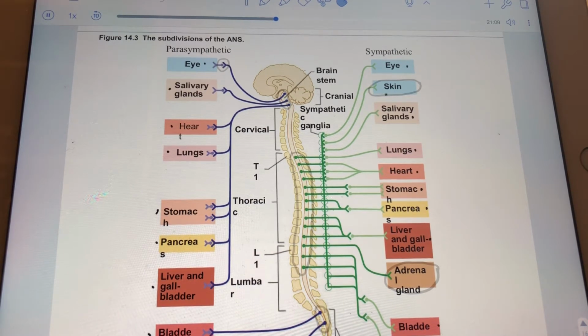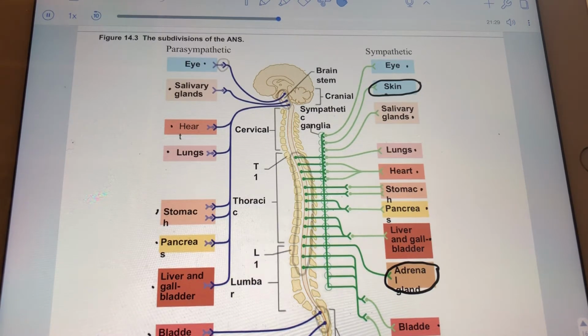And some of the chief exceptions are sweat glands, right? Adrenal glands, and not indicated in this image, but we indicated it just a few slides ago. The blood vessels that participate in vasoconstriction and vasodilation, okay?